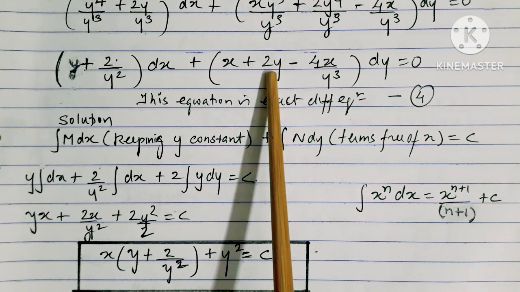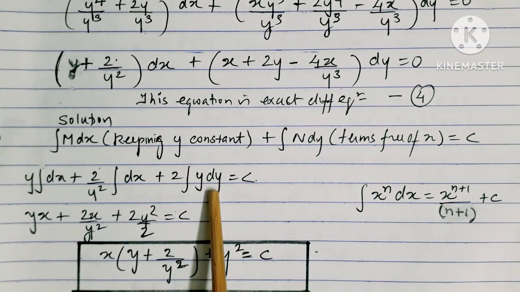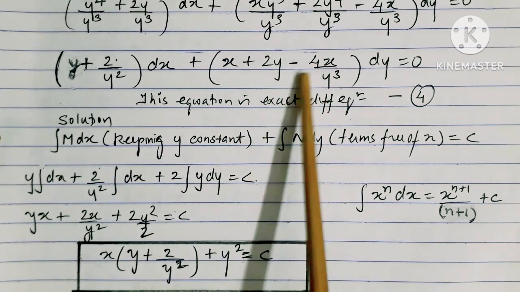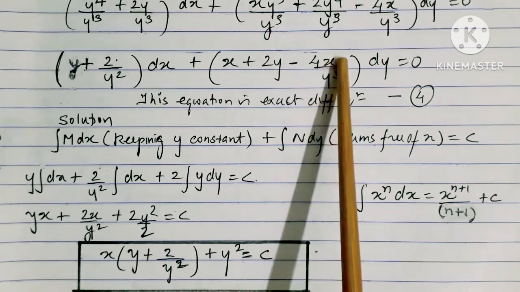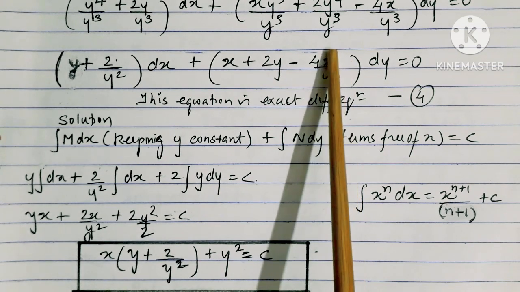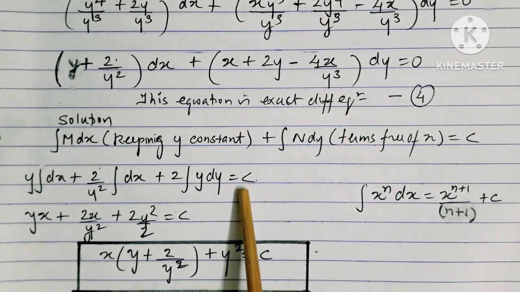Therefore, we can integrate this term. So this would be plus 2 integral y dy. Now the third term is minus 4x upon y cube, and the third term has an x in the numerator. So we'll have to also neglect this third term. So this would be equal to some constant c.